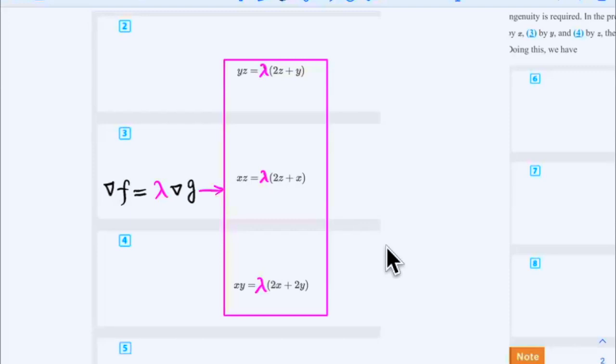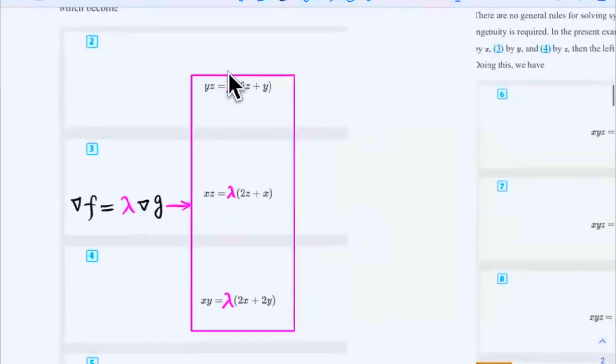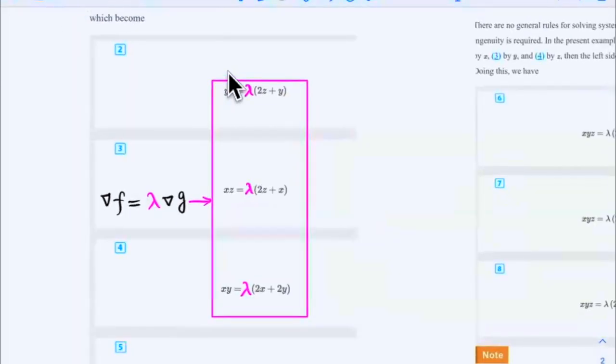What do you observe over here? This is yz, xz, xy. If I multiply the first equation by x, do I get xyz on the left side? It's a little bit light, so let me make it larger.